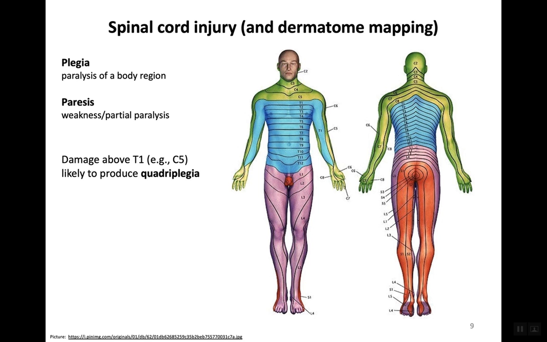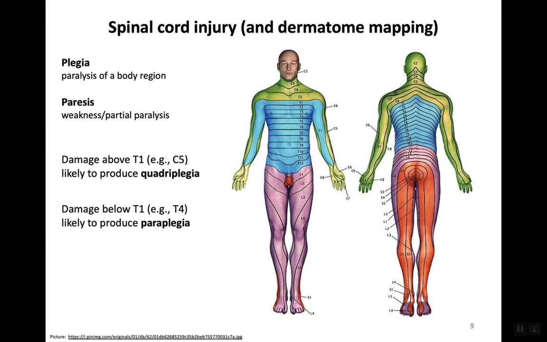So, for instance, if the damage occurs above T1, the T1 segment of the human spine, that would likely produce quadriplegia. That refers to the inability to move any one of the limbs, arms or legs.